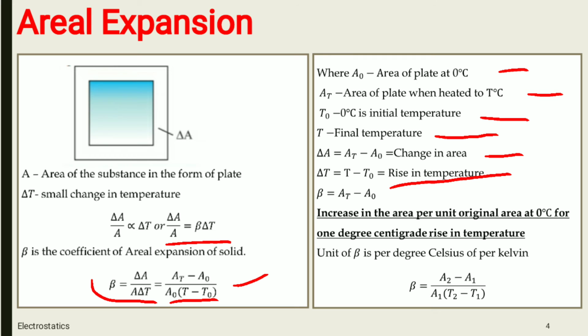So instead of A0 you can write A1, and instead of T0 you can write T1. That is, we can consider any temperature other than 0 degrees Celsius as the initial temperature. So beta you can write as A2 minus A1 divided by A1 in bracket T2 minus T1.